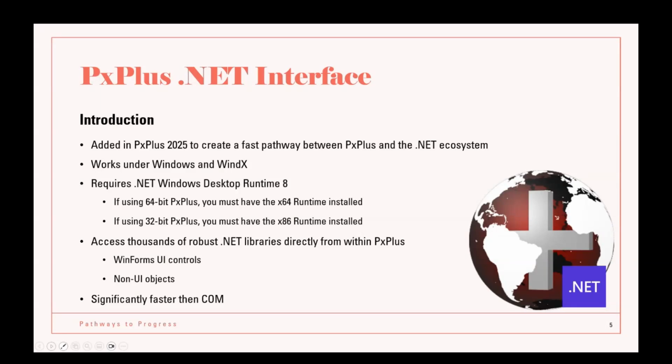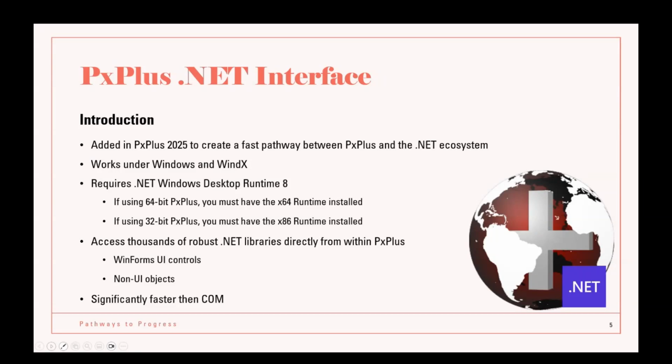Since this is .NET and it's based on a third-party application framework, the .NET desktop runtime does need to be installed for you to be able to use the .NET interface. So this means that in your own application's installer, you'll need to check to see if the .NET runtime is installed, and if not, install it.